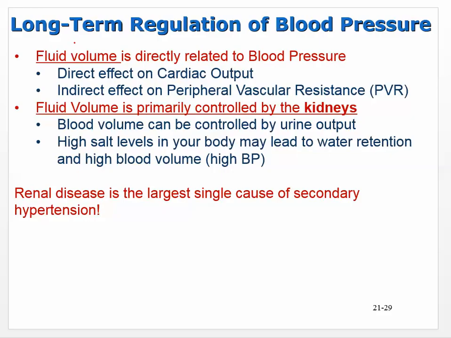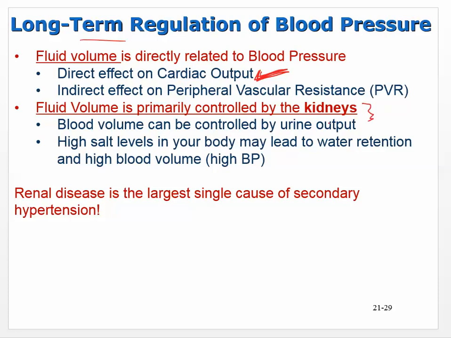Okay, so long-term regulation, again, fluid volume is directly related to blood pressure, has a direct effect on cardiac output. Okay, so more blood, more cardiac output. Indirect effect on peripheral vascular resistance, so the resistance is changed. So yeah, so that could increase that. So fluid volume is primarily controlled by the kidneys. We've already mentioned that.